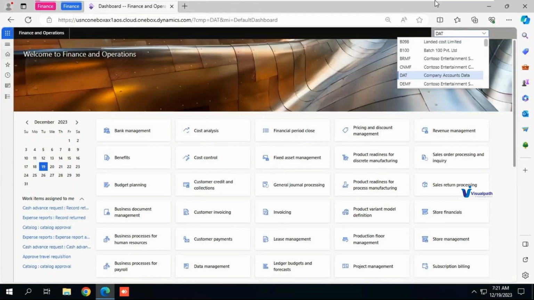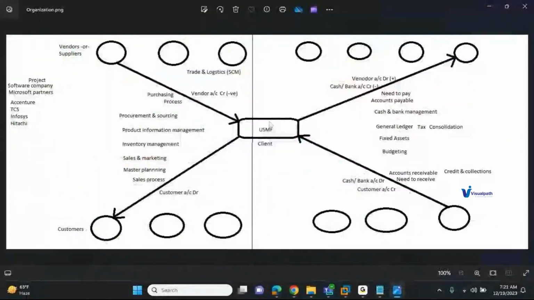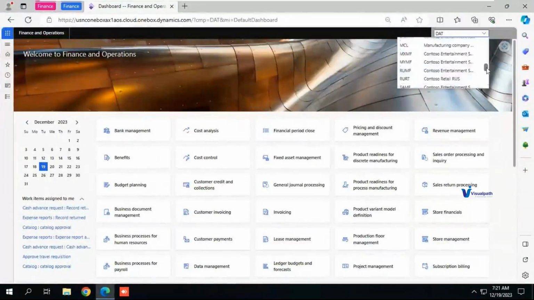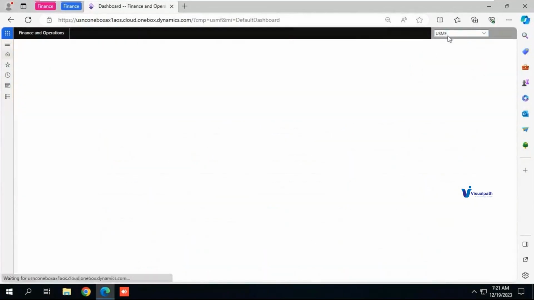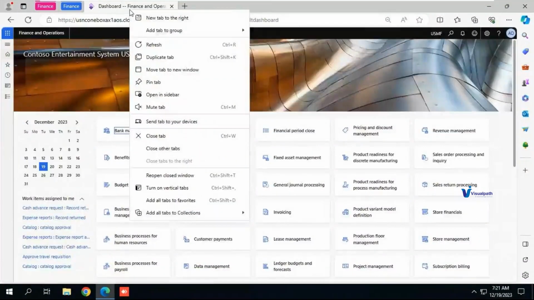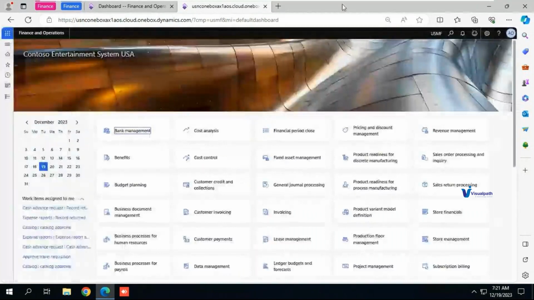Among these, as I told you, we are going to learn in the USMF company. So let me go to the USMF company. If you want to work with it, you can take a duplicate browser. One more will open. You can open any number like this.